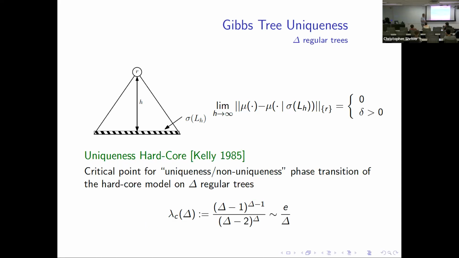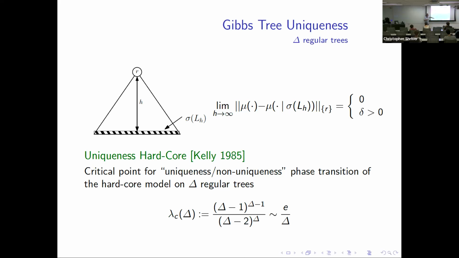One celebrated result in the area from the 80s is the uniqueness, non-uniqueness phase transition for the hardcore model on the delta regular tree. We have this critical value, lambda critical of delta, which is this quantity here.